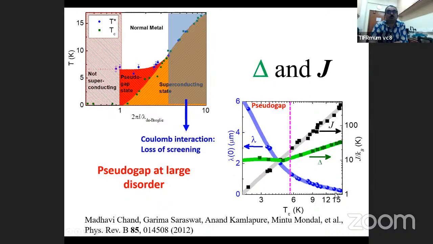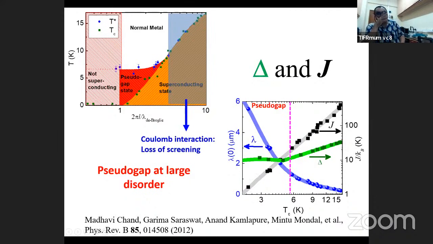But as you go to more and more disordered samples, this J comes down and at some point becomes even smaller than delta. And this region on this side of this dashed purple line is where you see the pseudo gap. So you actually see the pseudo gap where your J is smaller than delta.